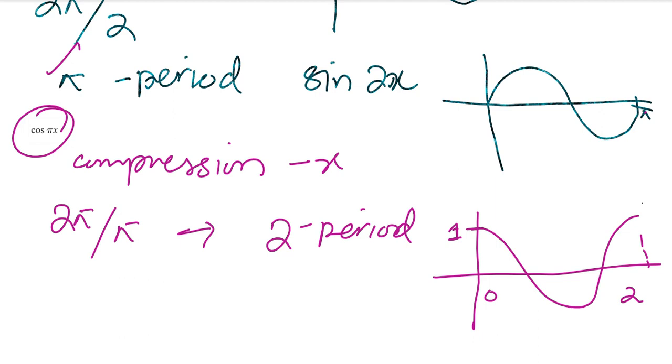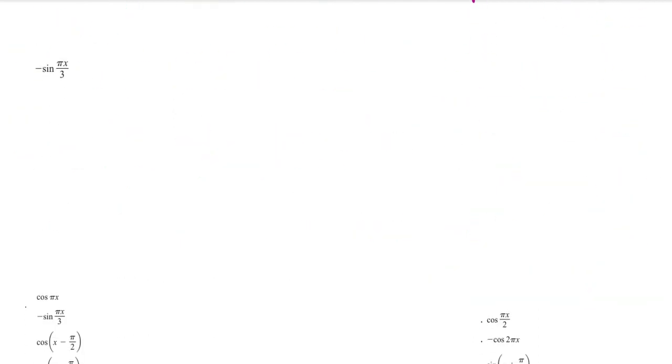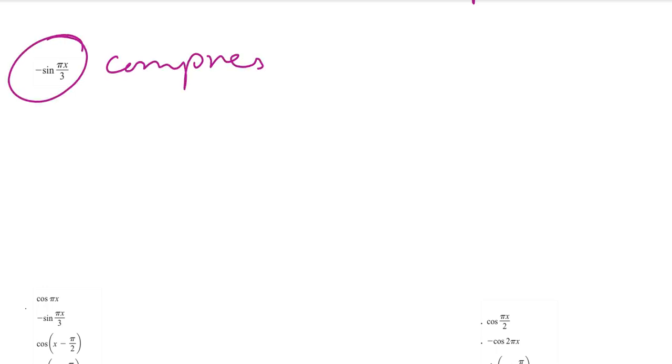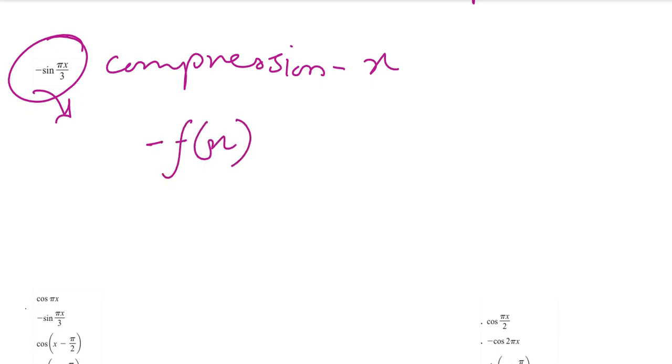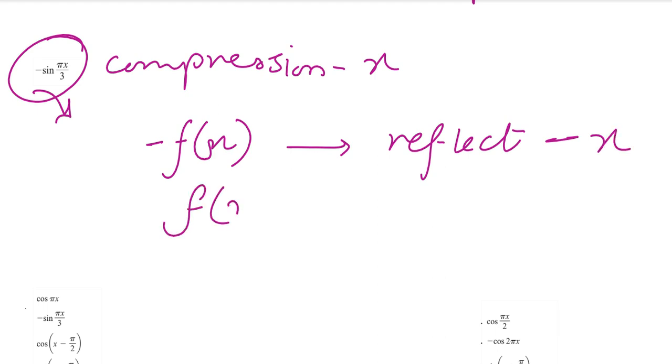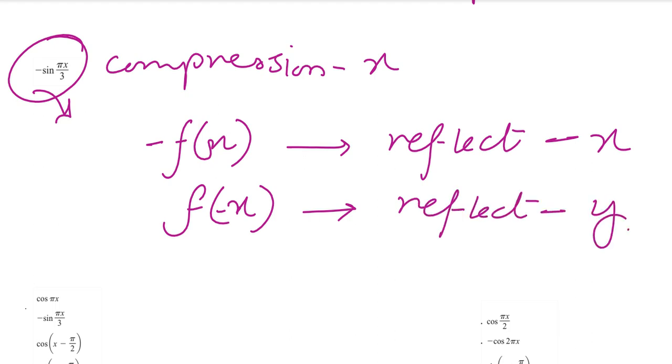Let's see some other examples. So over here you can see that there will again be a compression along the x-axis, but there will be a reflection. You know that whenever there is a negative sign outside the function, it will reflect along the horizontal axis. But when there is a negative sign inside the function, it will reflect along the y-axis.